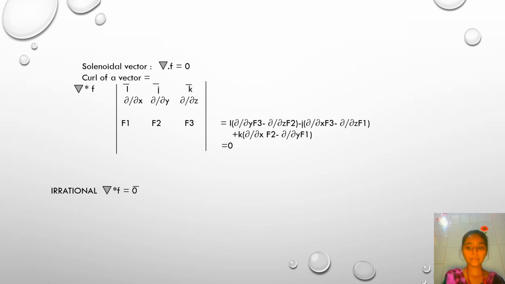So plus k bar into dou by dou x of f2 minus dou by dou y of f1. It all becomes 0. So the curl of the vector also becomes 0, and the vector is irrotational. Thank you.